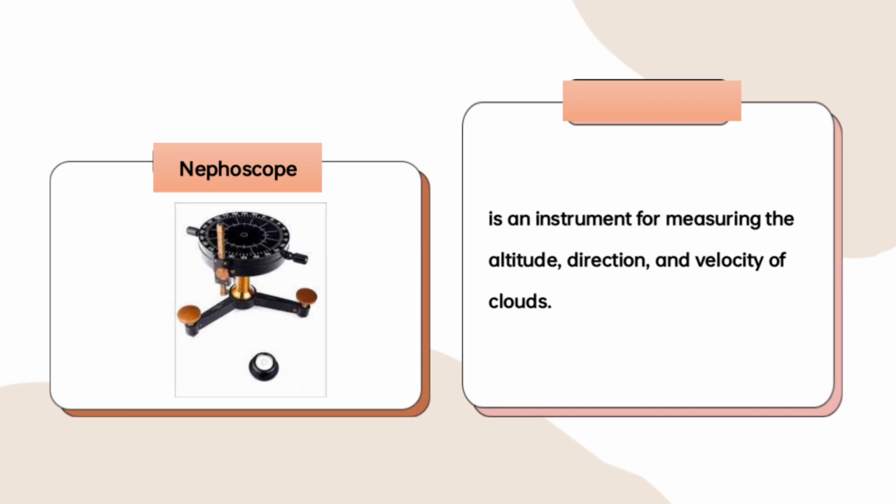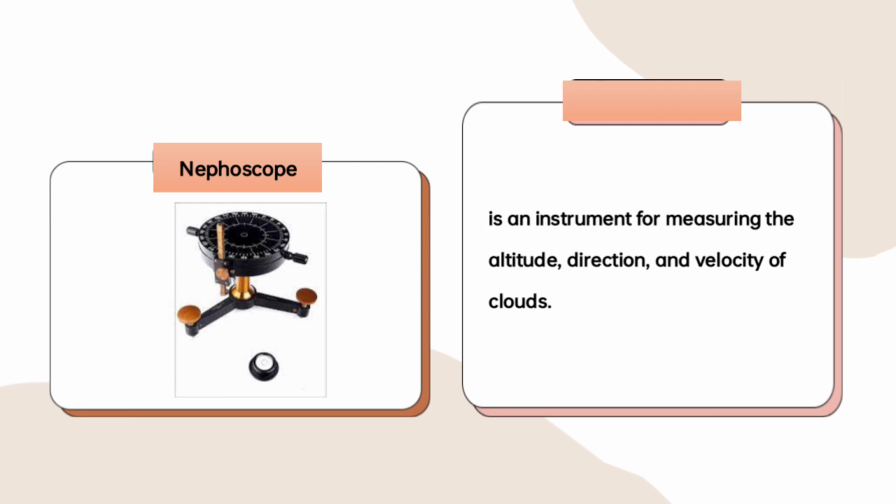The nephoscope is an instrument measuring the altitude, direction, and velocity of clouds. The nephoscope is an instrument used for determining the direction of movement of clouds.